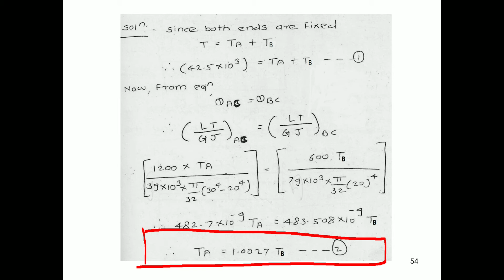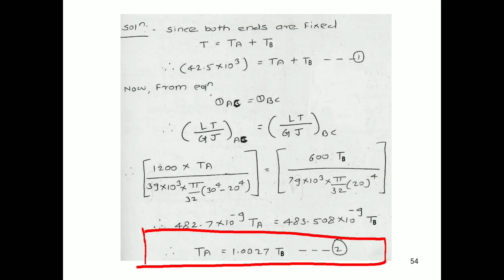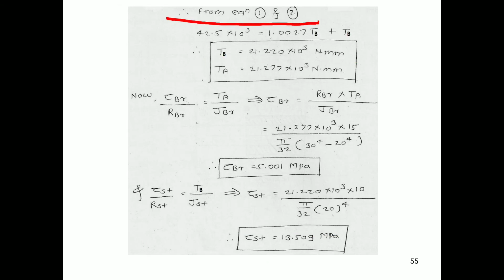If I put equation 2 in equation 1, we will have the torque at B, which is given by 21.220 into 10 raised to 3 Newton mm. Once you know the value of torque at B, from equation 2 you can easily find the value of torque at A also. Therefore, the torque at A is equal to 21.277 into 10 raised to 3 Newton mm.